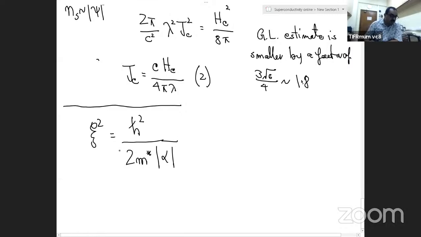Now this is something that you are supposed to show me, that this quantity actually at zero temperature becomes the BCS coherence length. Maybe you all have already done it. So 1 by alpha modulus is twice m star xi square by h cross square.